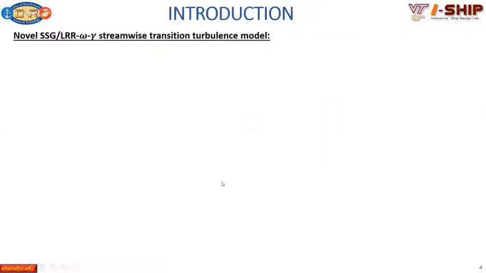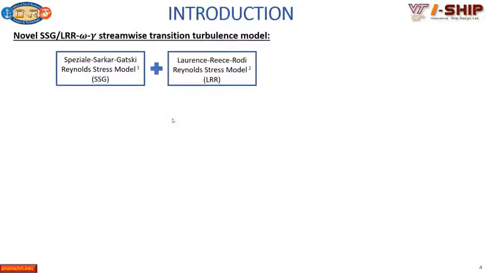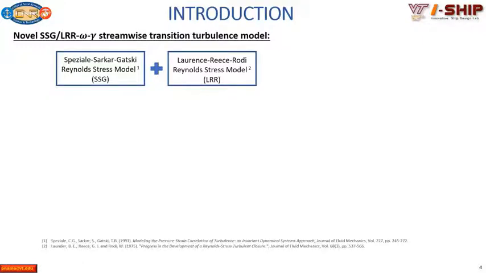Now, coming to the model used in the current analysis, the SSG LRR omega gamma transition model was developed by me and my colleagues initially for the stream-wise transition. So the formulation for this goes such that the SSG and LRR models, which are Reynolds stress transport models, are coupled the same way as the k-omega SST models are.